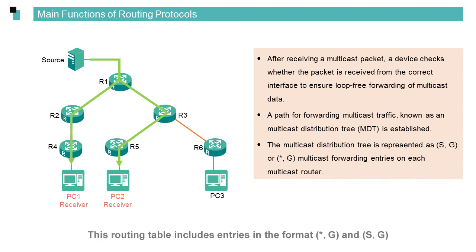This routing table includes entries in the format *G and SG, in which * indicates any source address, G indicates a multicast group address, and S indicates a specific source address.